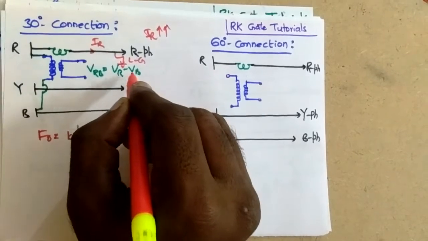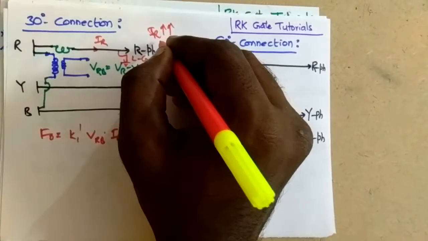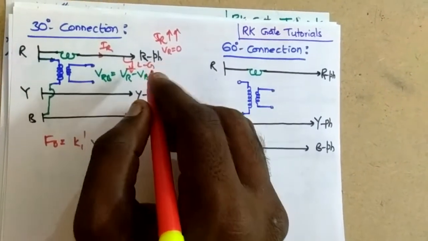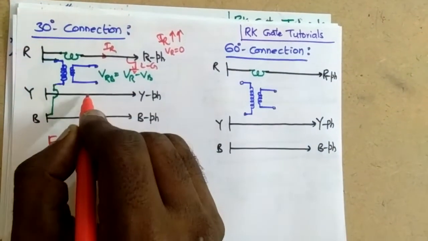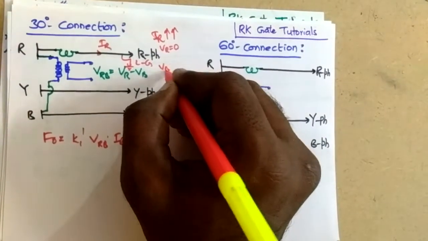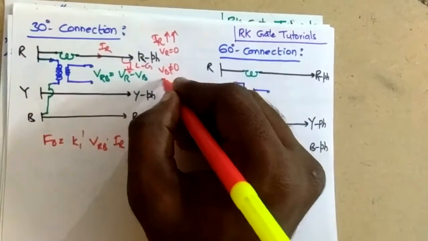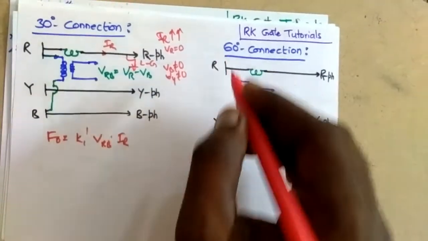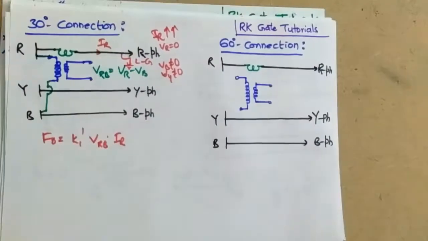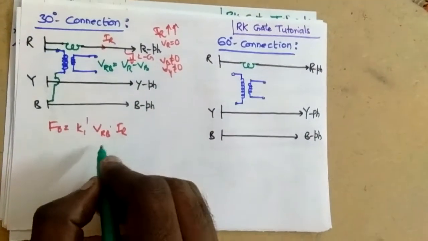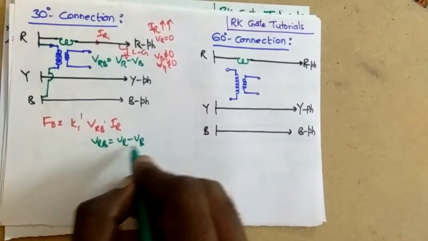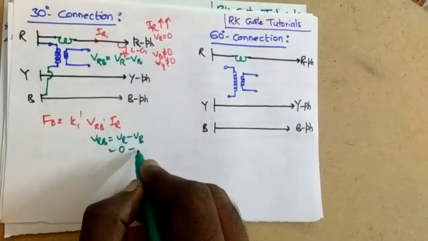VR minus VB: here VR is going to be 0 because of the fault on the R phase, and VB is not going to be 0. VY and VB still exist. Since there is an existence of VB, let me write: VRB is equal to VR minus VB, here VRB is 0 minus VB.